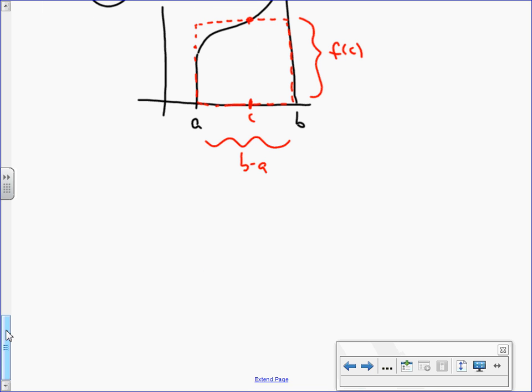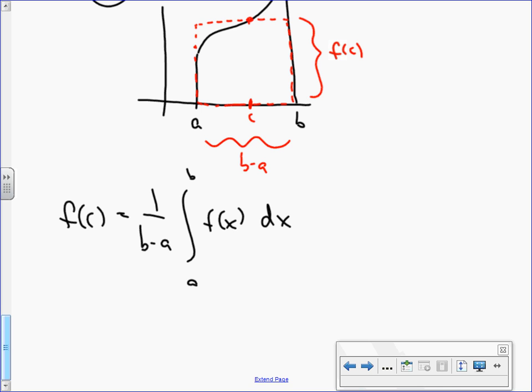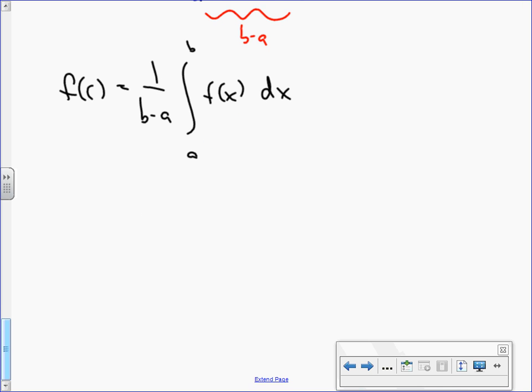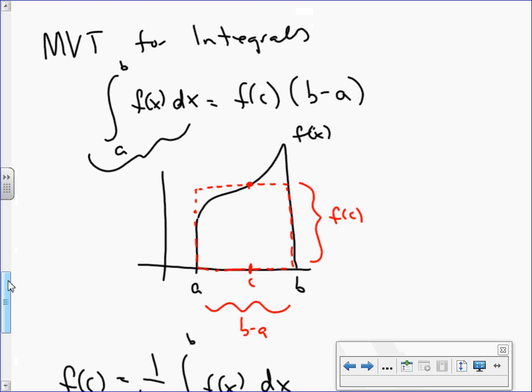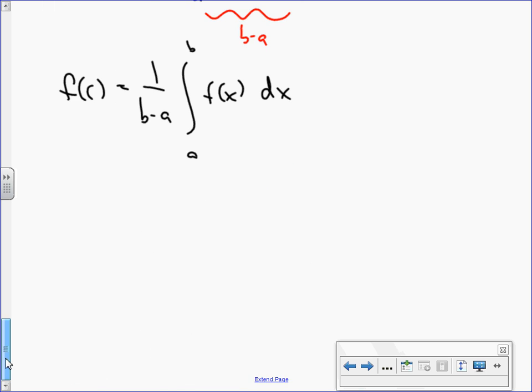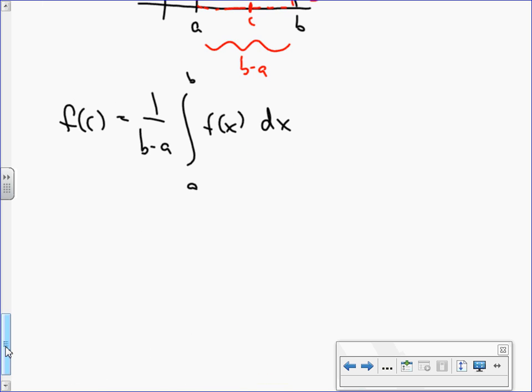Now, I usually prefer to write this theorem this way. It's the same thing. If you go back and look at the original way that I wrote it, you just divide both sides by b minus a, then you get this statement right here, f of c equals 1 over b minus a times the definite integral from a to b of f of x dx.